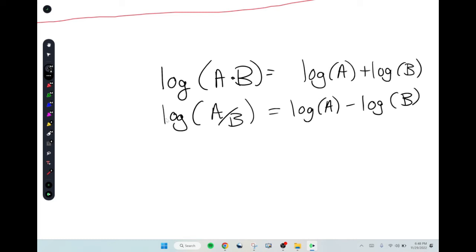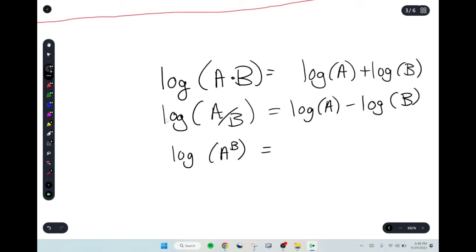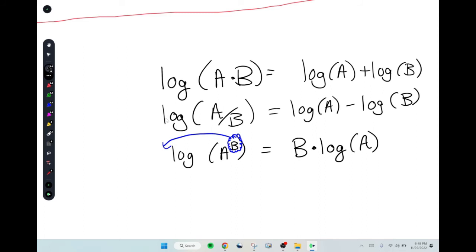And so the third rule, let's say log of a raised to the b, you can take that little b, times. b times log a. Okay.